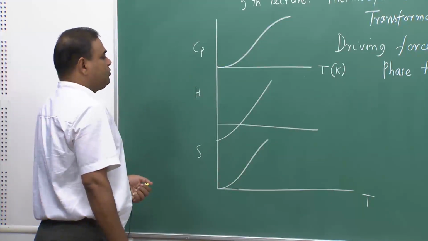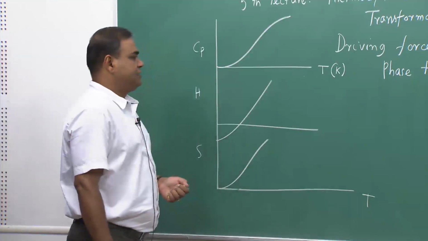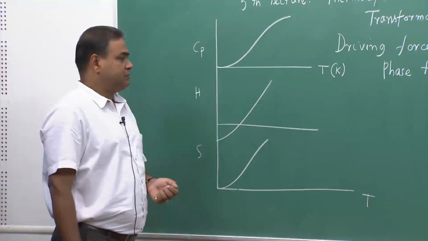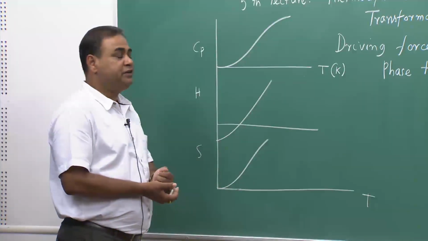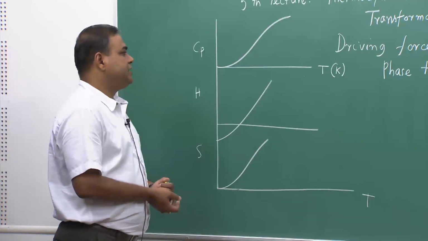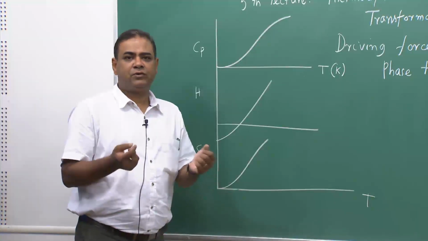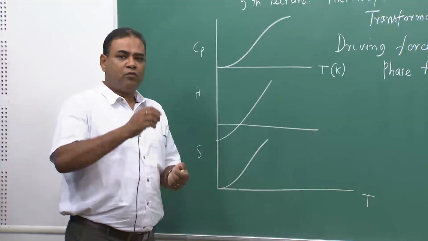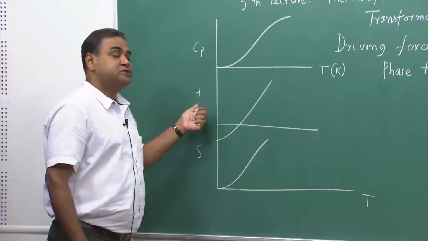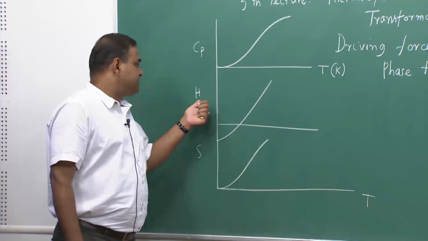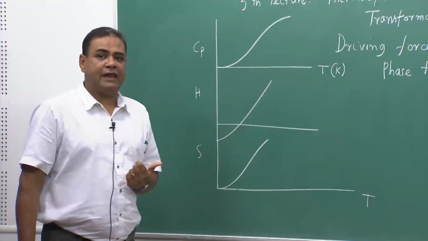Now, also we have seen that if the substance is in a more stable condition, and in case of metal we see that the solid is the most stable condition, we impose some particular reference condition. With reference to that condition, we try to measure the change in those parameters, enthalpy and entropy.